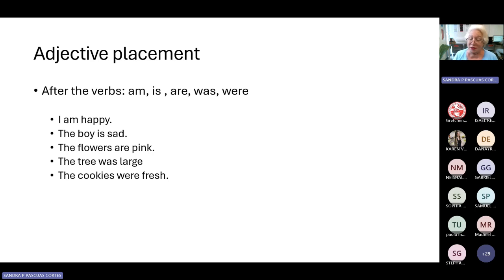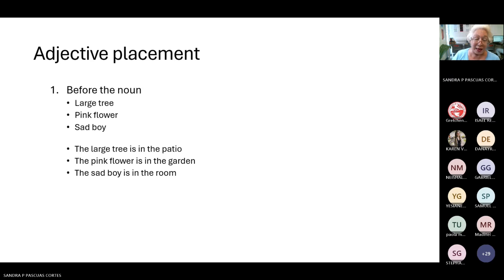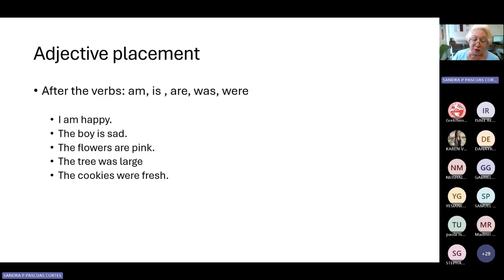And the cookies were fresh. Are there any questions? Notice that before we had the adjectives before the noun, and now with these particular verbs, you have them after the verb. Okay, any questions? I wish, no questions.